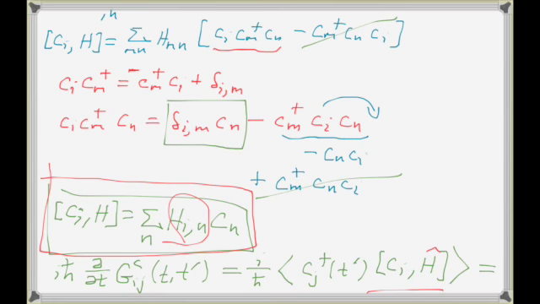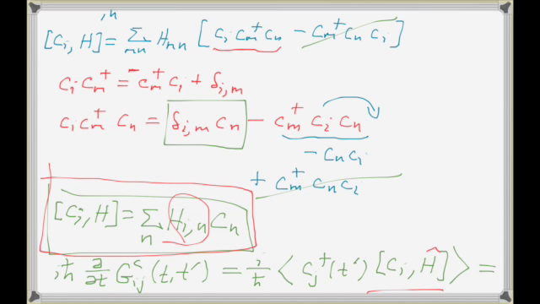So we go ahead and do it here. When I look at c_i c_m dagger, using the anti-commutation relationship, that's just equal to delta_im minus c_m dagger c_i. So c_i c_m dagger plus c_m dagger c_i is delta_im.